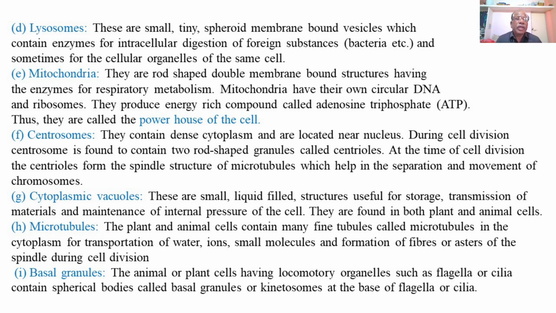But the number and size of the vacuoles of the plant cell is much larger than the vacuoles of the animal cells. Then microtubules. The plant and animal cells contain many fine tubules called microtubules in the cytoplasm for the transportation of water, ions, small molecules, and formation of fibers or asters of the spindle during cell division.